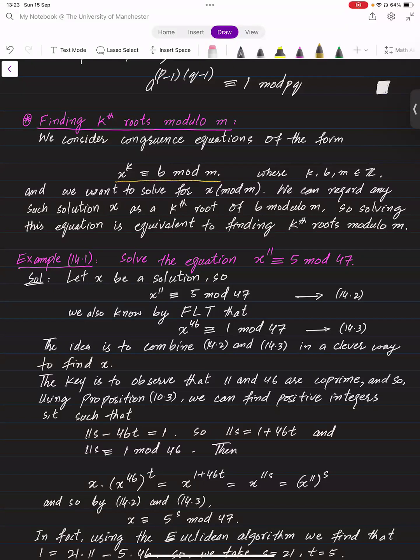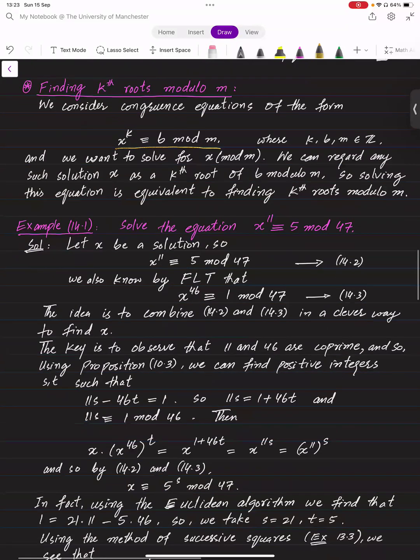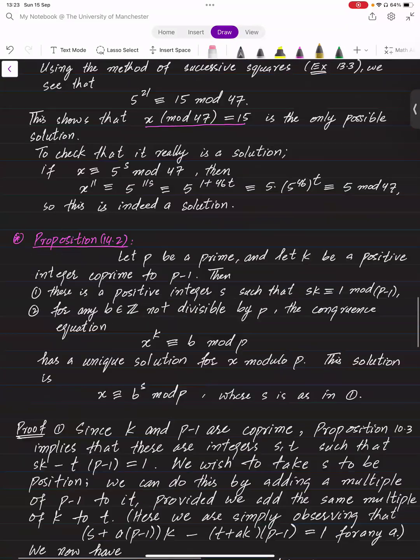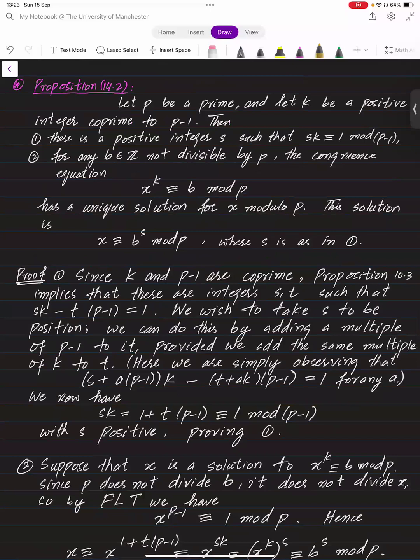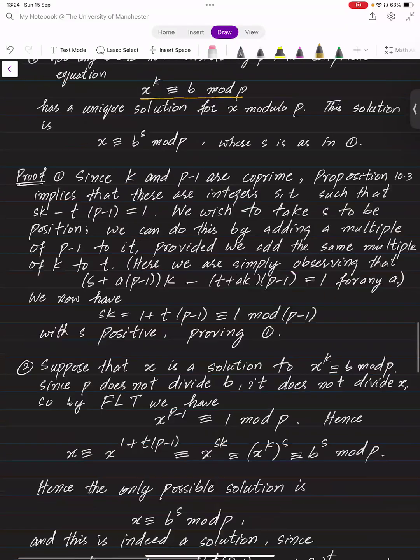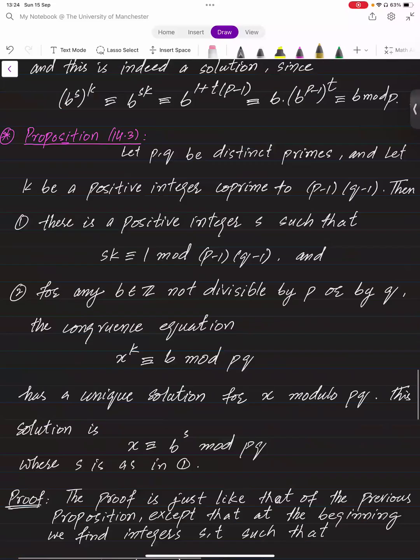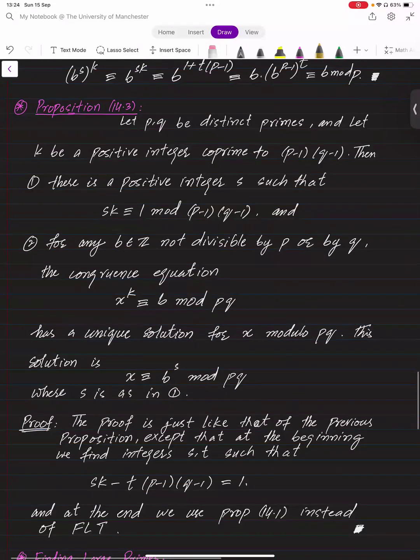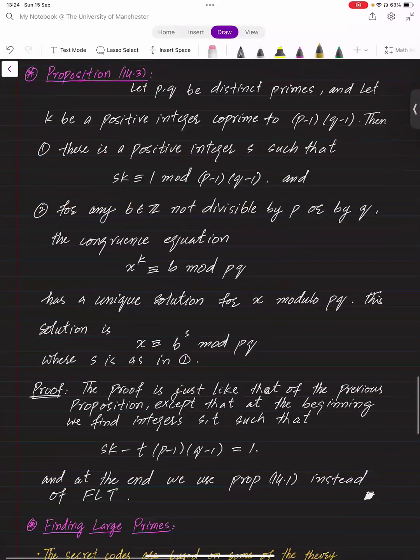We have given a solution and a proposition to solve these kinds of equations, and we have said that there is a unique solution. Then we have proved that, and we have also said something for the product of two distinct primes.